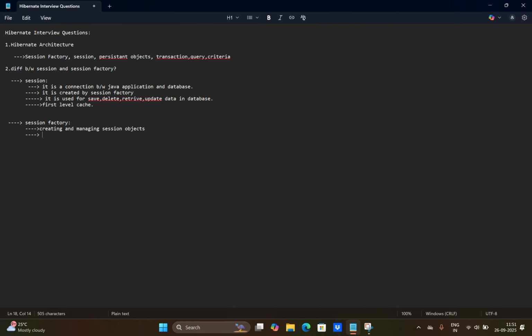Each session factory typically comes with its own connection pool. Actually, it is created during application startup based on configuration settings only. At application startup it will be created.